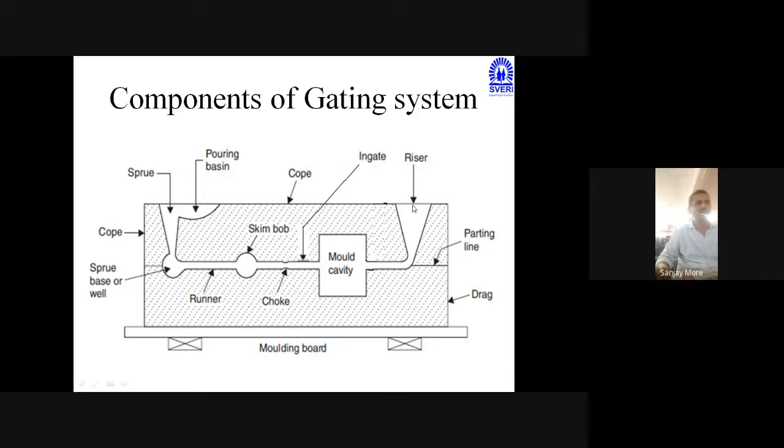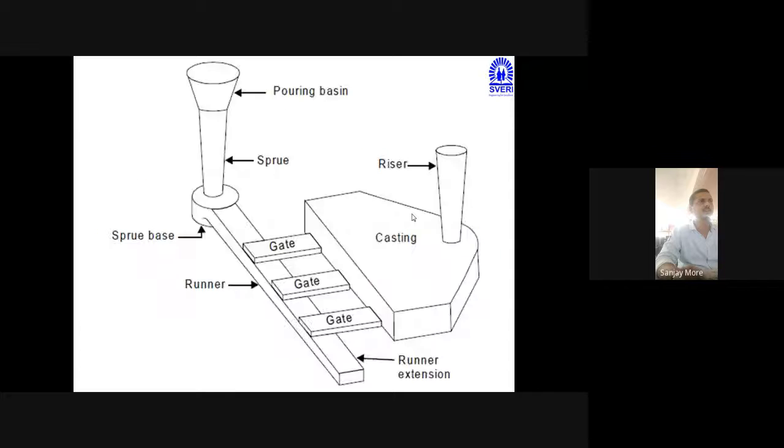You have to pour liquid molten metal in the pour basin. It goes through the runner and the choke, sprue base, into the mold cavity. After completely filling the mold cavity, the molten metal goes out this way. This is called the riser. The function of the riser is to remove the extra liquid molten metal and also to indicate when to stop pouring into the pour basin.